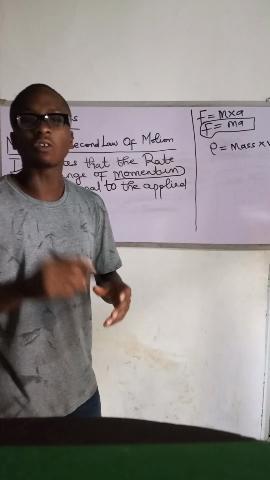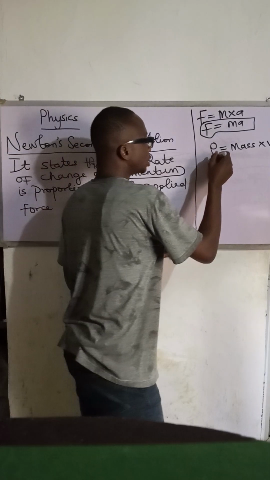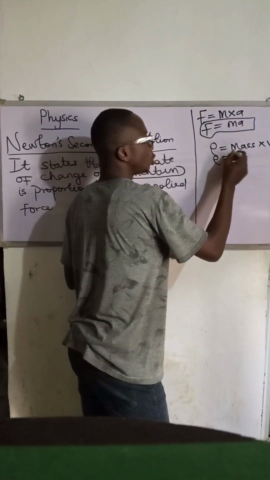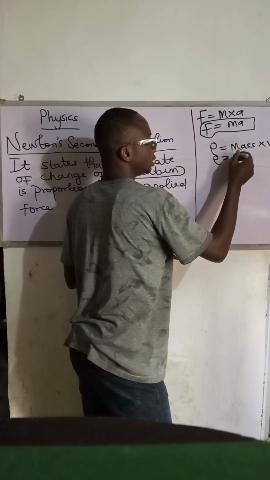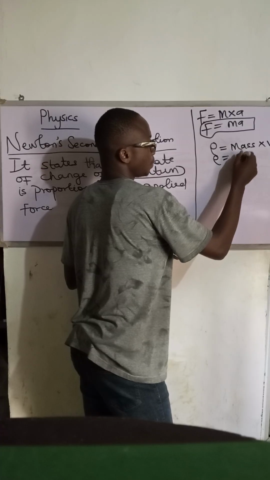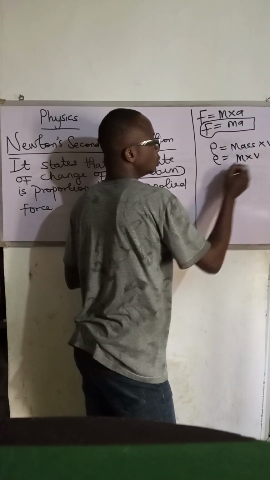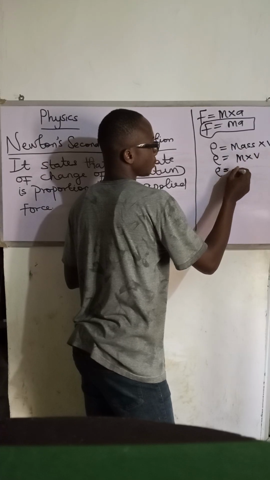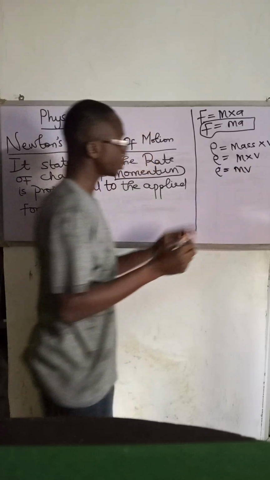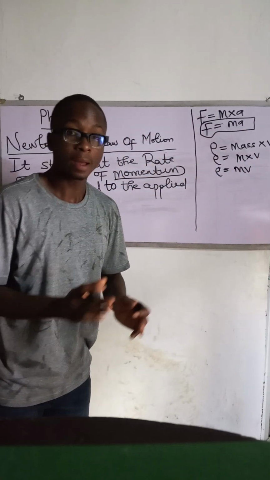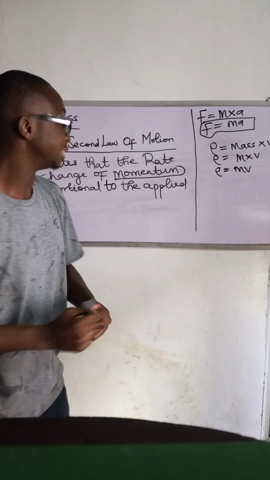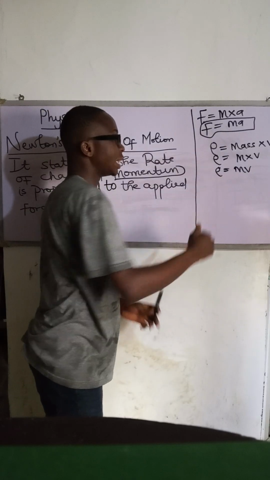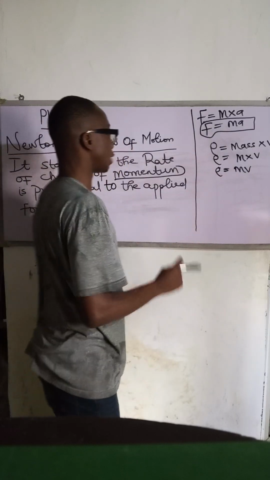Momentum is the product of mass and velocity, which makes momentum equal to mass times velocity. Mass is symbolized with m, so m times v, which is equal to mv. This is the formula for momentum: mass times velocity. And this sign symbolizes rho. Right?